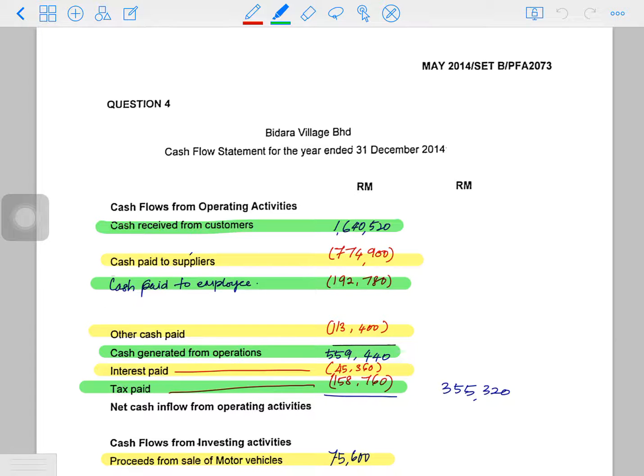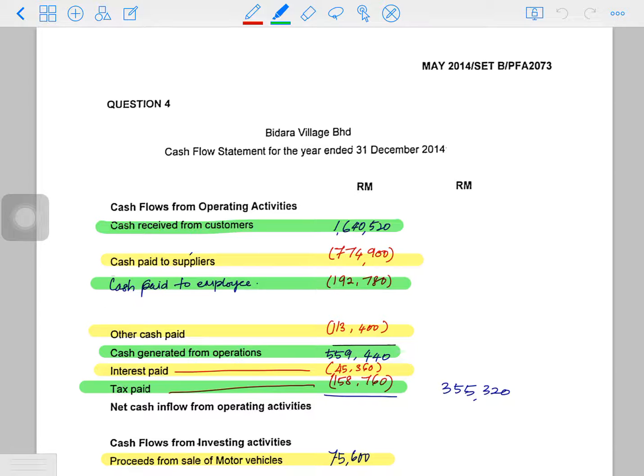So you put your item, bank, in here. Then you have to find out the balance at the beginning and the balance at the ending period.